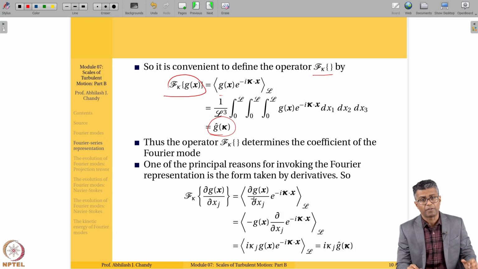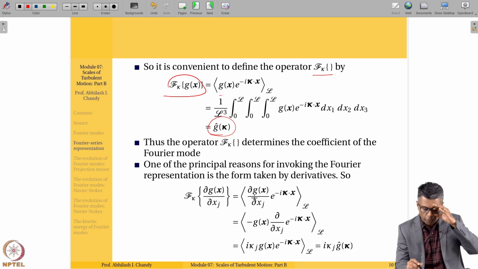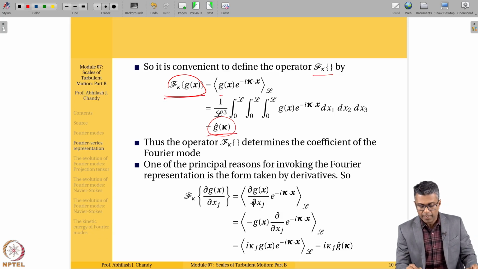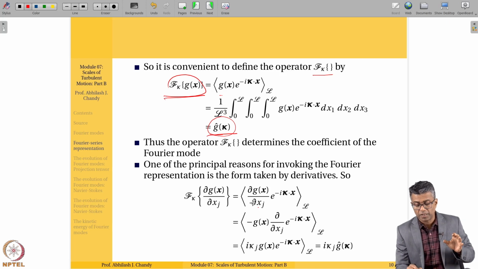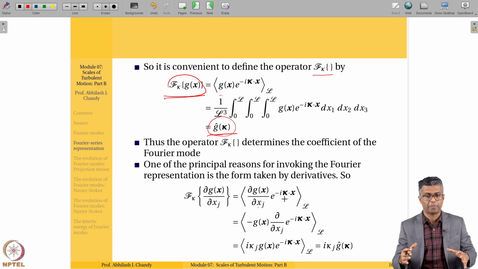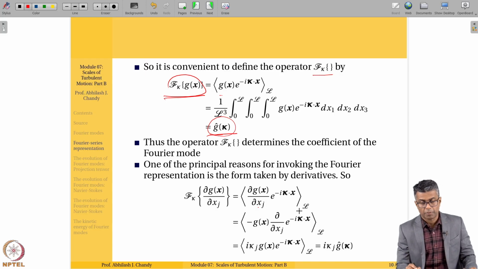So I would have, by definition of the operator as shown here, since it is the Fourier operator applied on the derivative, it would be the derivative multiplied by e to the minus I kappa dot x, isn't it? It would be the derivative multiplied by e to the minus I kappa dot x, obviously volume average of that, and that's what is written. Now, think about it.